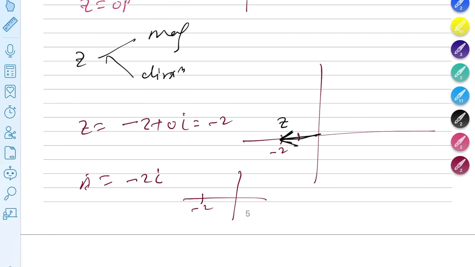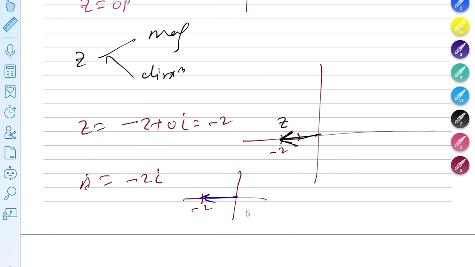In vector also we represent it the same way. So the representation of a complex number is exactly the same as the vector, because a vector has both magnitude and direction, and the complex number also has magnitude and direction.